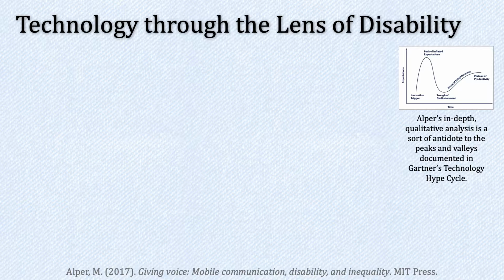And I would argue that Alper's in-depth qualitative analysis is sort of an antidote to the peaks and valleys documented in that hype cycle. The peak of inflated expectations and the trough of disillusionment. Alper is really going slower. She's going deeper in trying to give us a more nuanced analysis of the role of communication technologies as seen through the lens of disability.